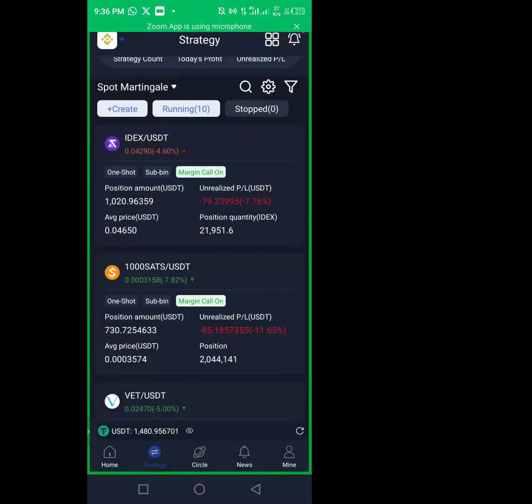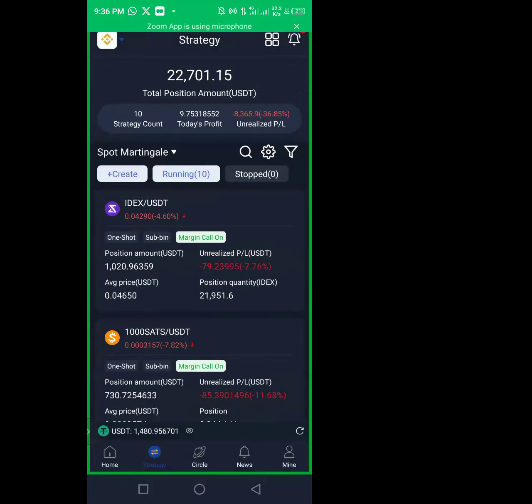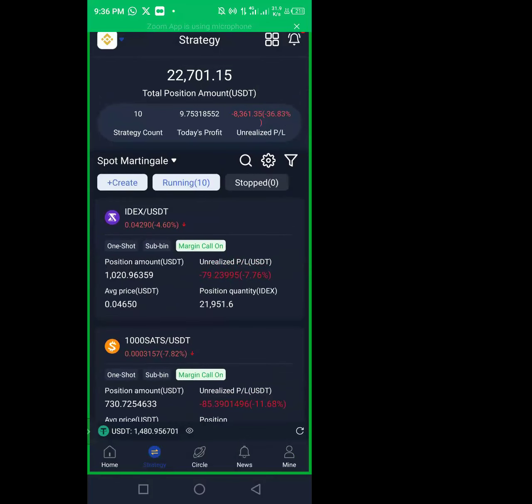Number two, we check our coins, the one that has the lowest position amount in USDT. That is number two. Number three, we also check the chart.